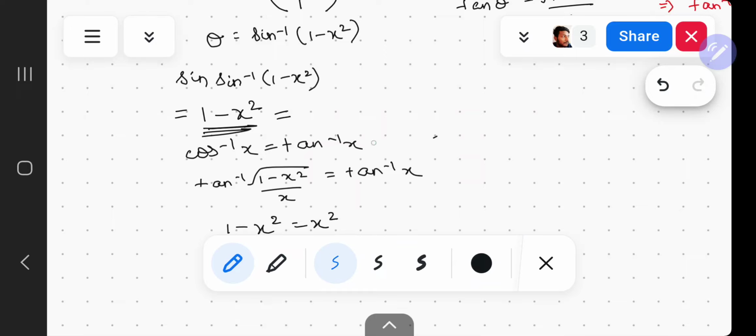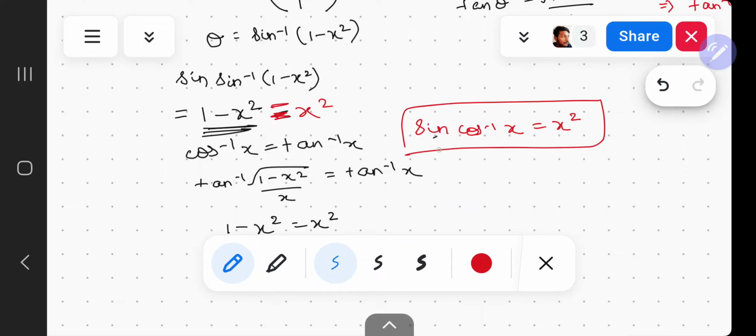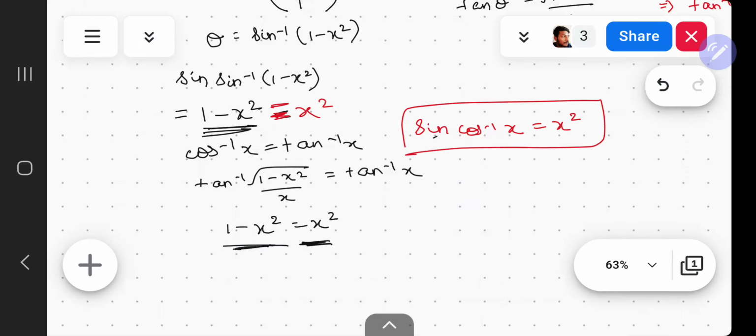So this will be our answer. 1 minus x square is equal to x square. So we have simplified that. Sine of cos inverse x is equal to x square. We have simplified this and we got our answer.